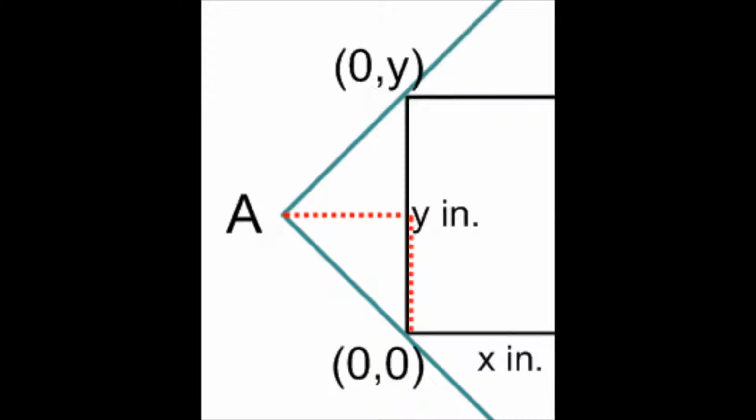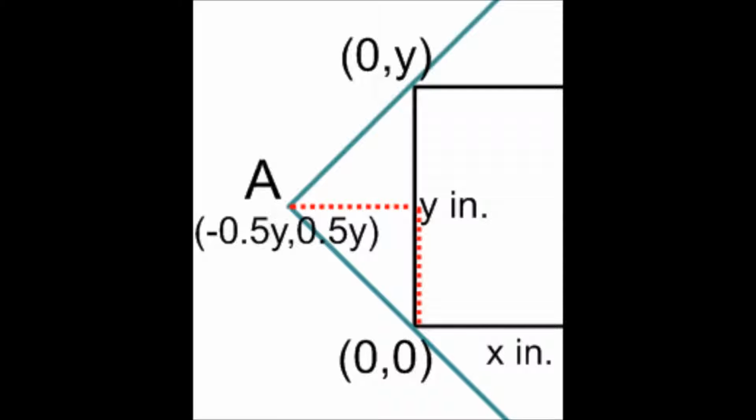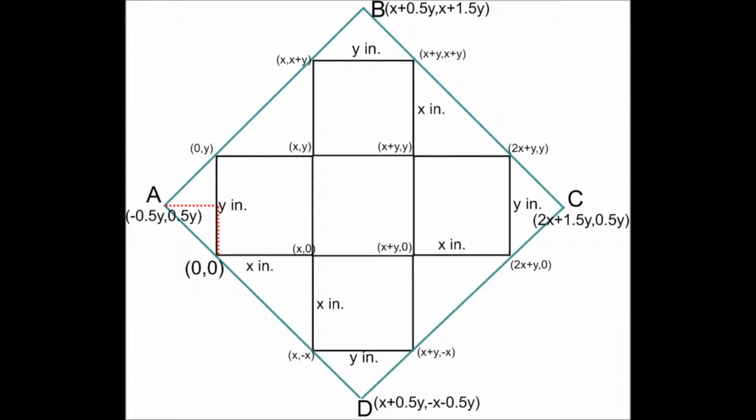Since this is an altitude and a median and an angle bisector and a perpendicular bisector, then what I know is that the length of both of those red dotted line segments is half of y. That gets me the coordinates of A very easily. I've now used that same logic to find the coordinates of B, C, and D. Hopefully you agree with my thinking.